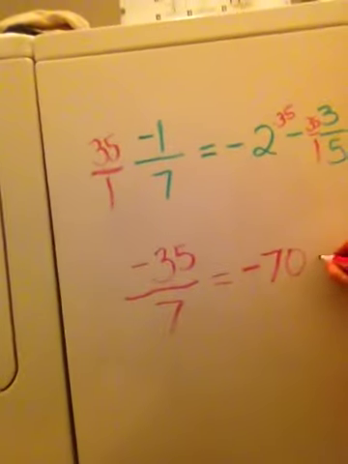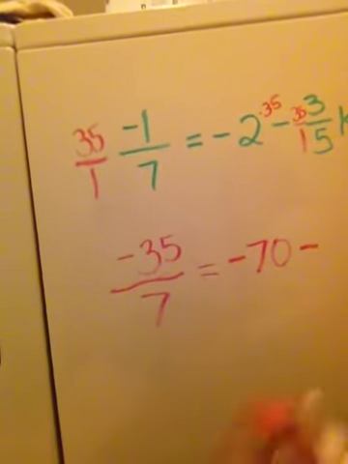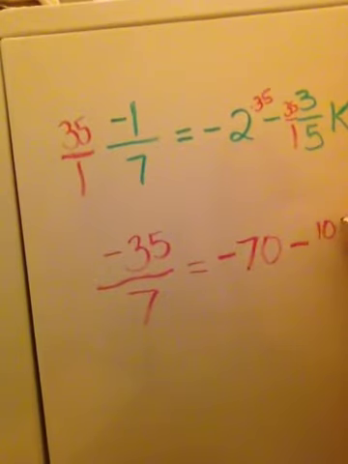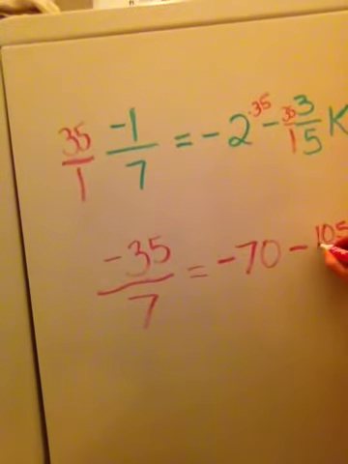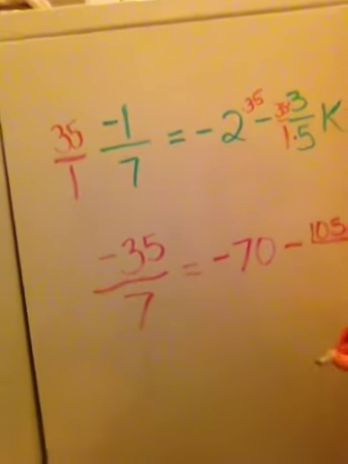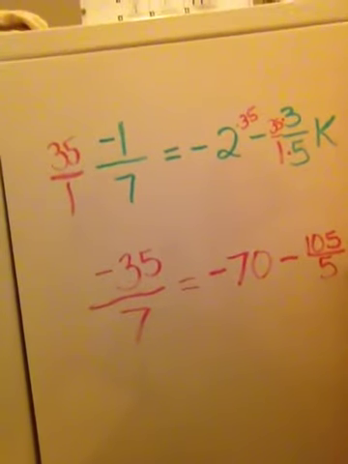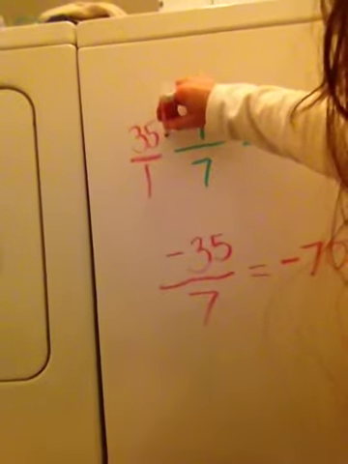Okay, then we have minus 35 times 3 is going to be 105 over 5. 1 times 5. Remember, we're multiplying straight across right there. And then k. So again, this is multiplying here.